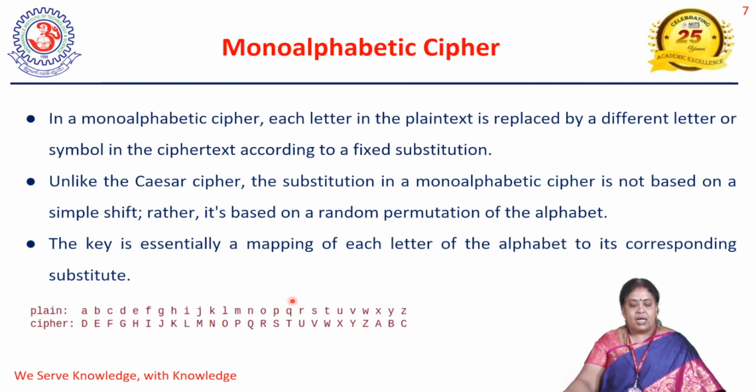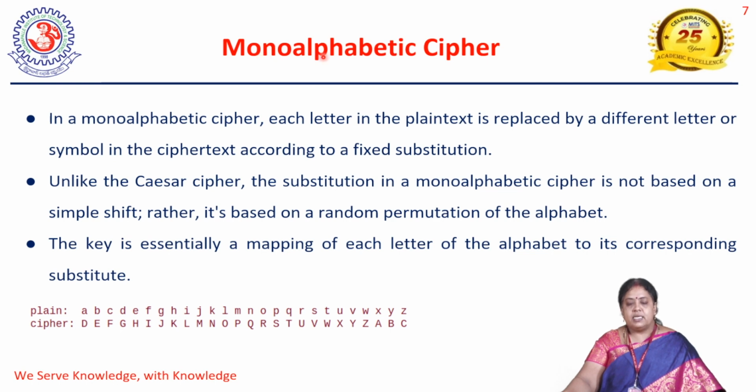Here is an example: A is substituted with D, B is substituted with E, C is substituted with F. We take one substitution method here, and by following this only, we substitute the plain text and make it a ciphertext. So this is called mono alphabetic. In the name itself, mono alphabetic, that means one letter is replaced by one other letter.